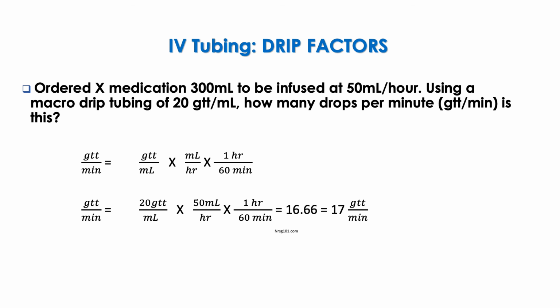Well, that's in my infusion rate. So 50 milliliters per hour, I put that. And then because I want to end up with minutes, the next thing that I would add would be, I know that 1 hour is 60 minutes, and that way I could get rid of hours. And then I end up with 17 drops per minute. Again, we will do more of this. This is kind of just an introduction, so don't worry.